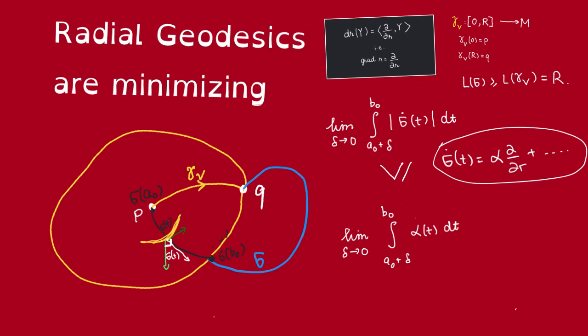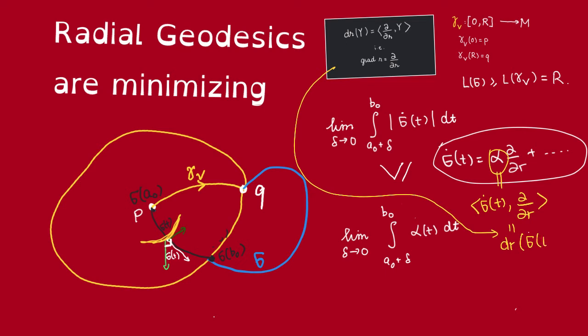So how do we find this scalar projection of this velocity vector? Well, by linear algebra, this is just the inner product of this velocity vector with d/dr. But now, by the corollary of Gauss' lemma, this is just dr of this velocity vector.